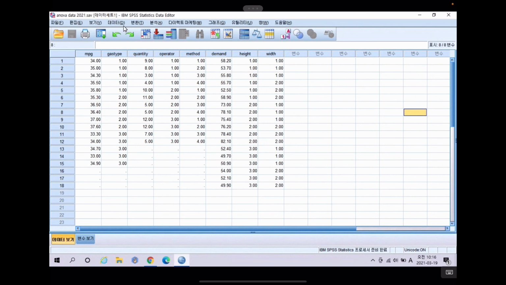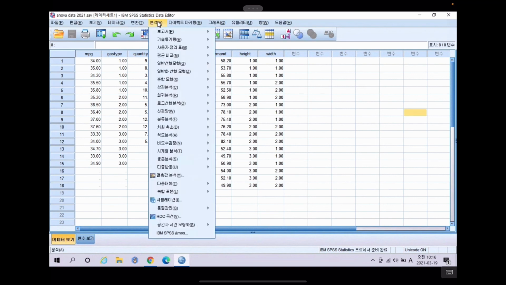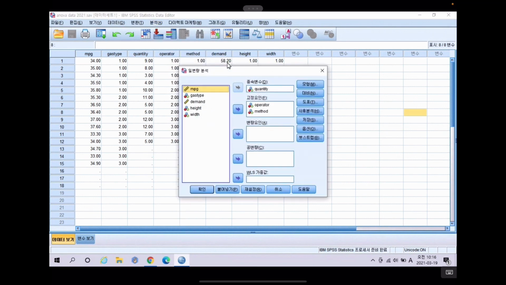And then you go to the analysis. We use the general linear model, and we use univariate. So in our case, demand is the dependent variable, and the height and width are the factors.